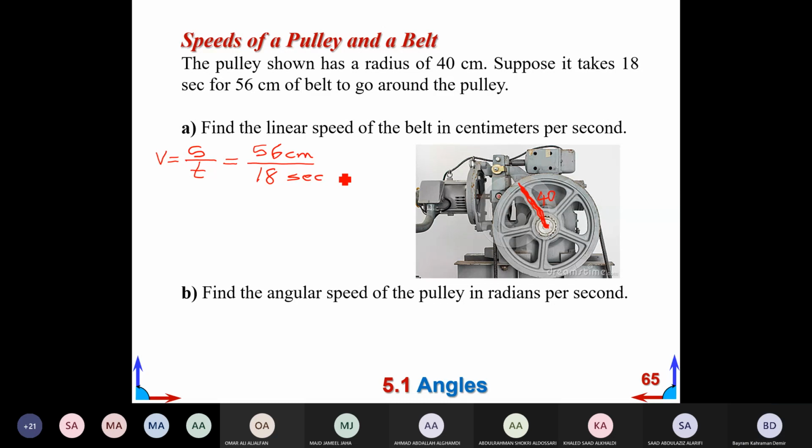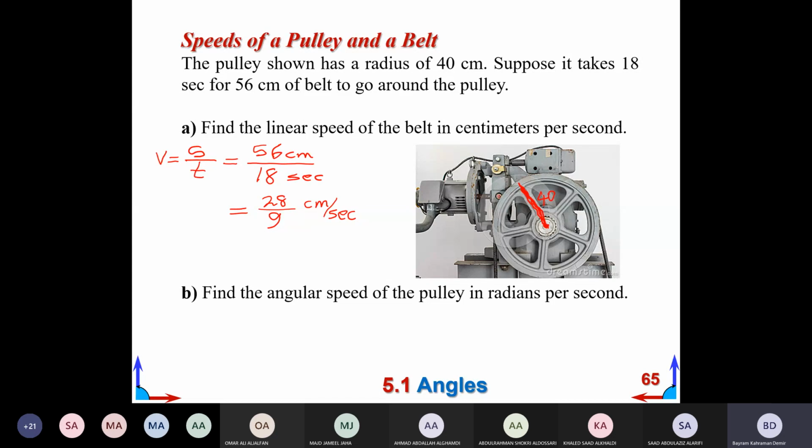So the result is, divide by 2, 28 over 9 centimeter per second. That is the linear speed of the belt. This is how fast the belt is moving up, meaning how fast the elevator is going up, the linear speed of the elevator going up.